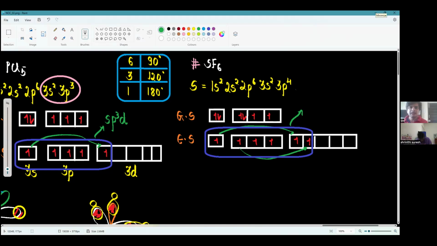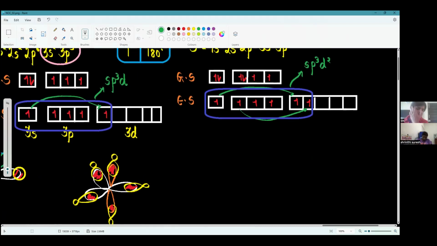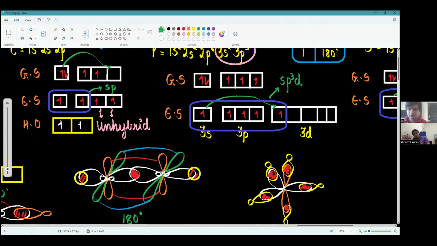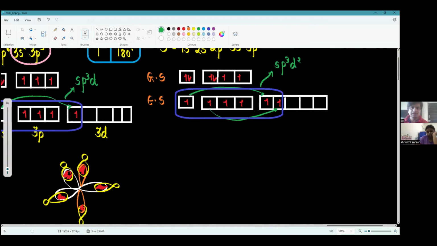Yes, the hybridization will be sp3d2, and wherever it is sp3d2, it is an octahedral geometry. So six hybrid orbitals have to be there. Let's draw the hybrid orbitals now.